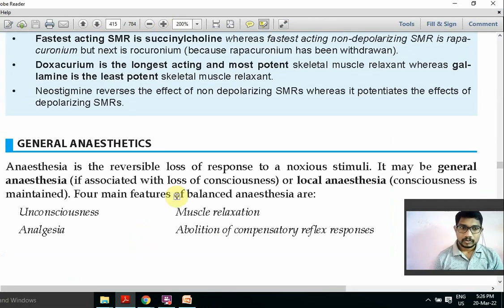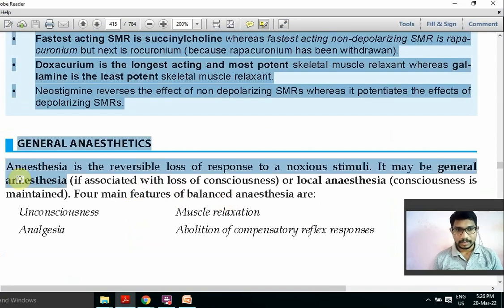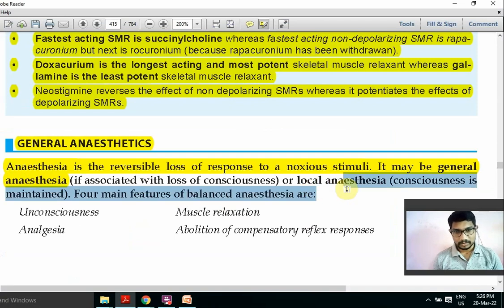Hello. So general anesthesia. The aim of general anesthesia is reversible loss of pain and consciousness. Local anesthesia means consciousness is not lost, consciousness is maintained. In case of general anesthesia, loss of consciousness is there along with the loss of pain sensation.